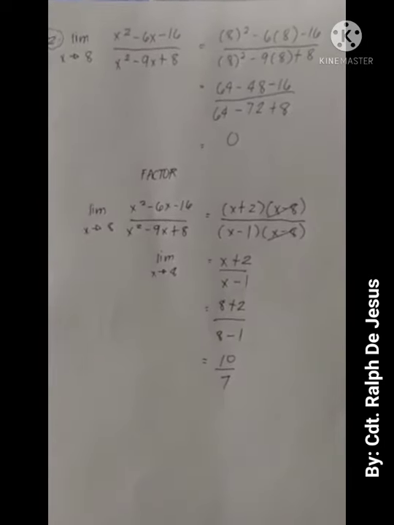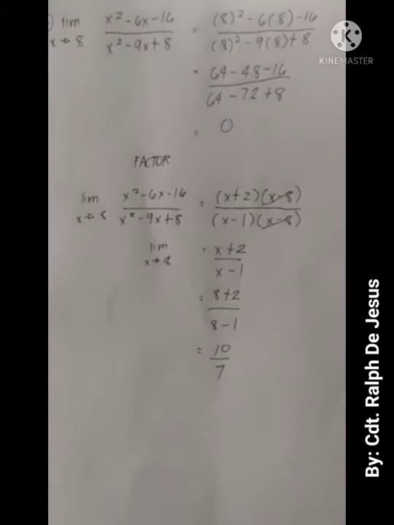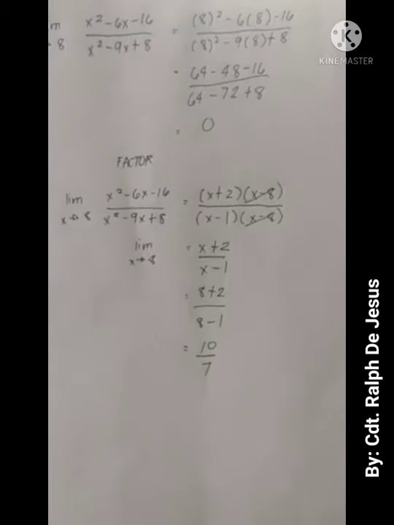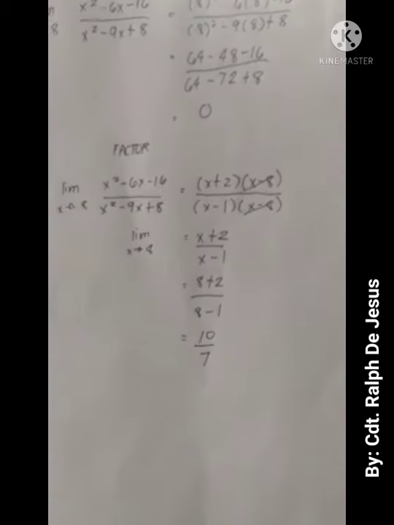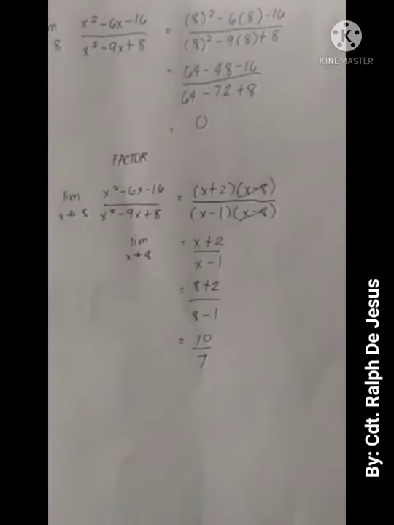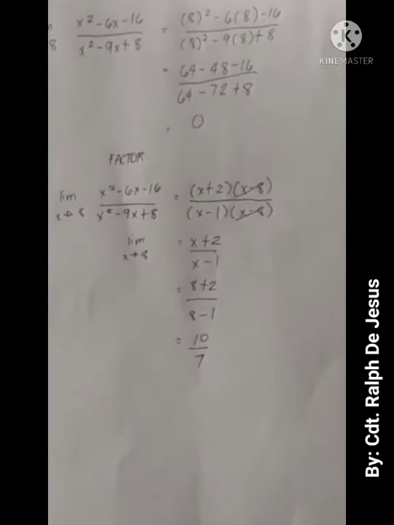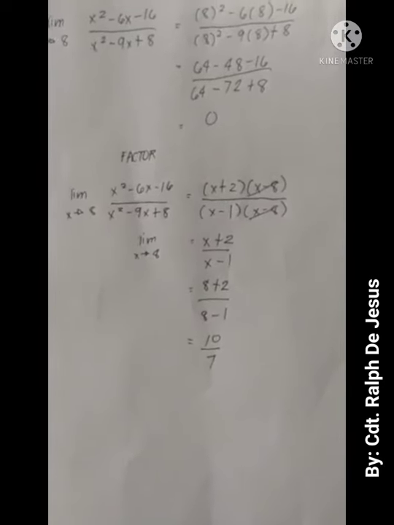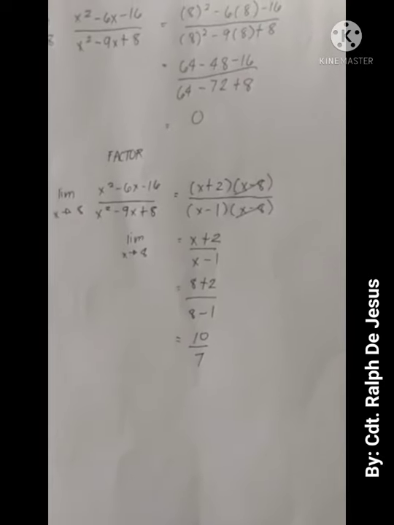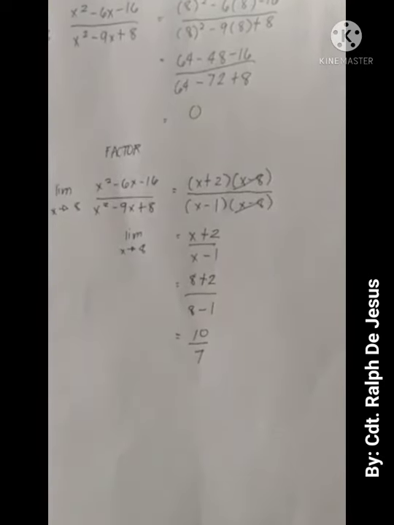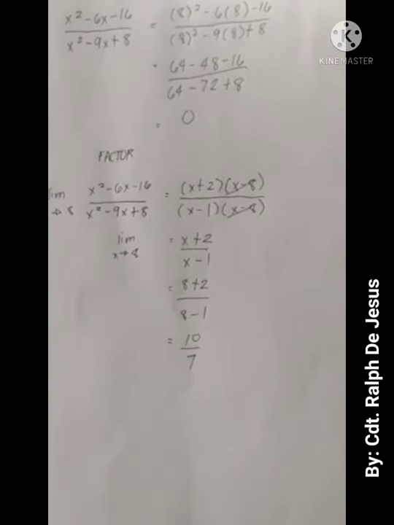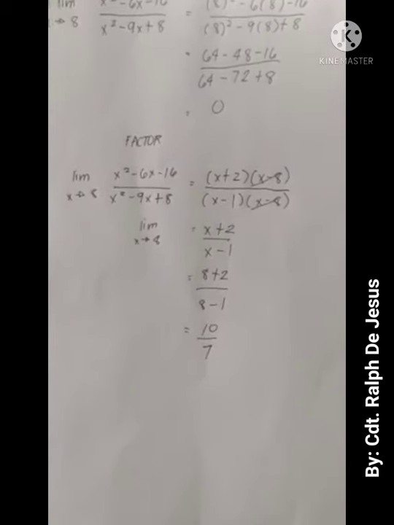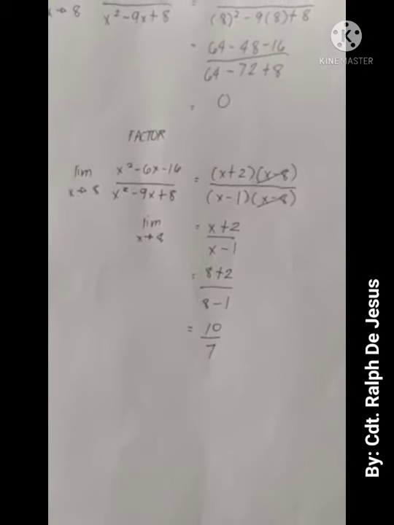If we directly substitute, it will be 8 squared minus 6 times 8 minus 16 over 8 squared minus 9 times 8 plus 8. 8 squared is 64, and 6 times 8 is negative 48, minus 16, over 64, and 9 times 8 is negative 72, plus 8. If we compute this, the result will be 0 over 0, so this is undefined. We are going to use factoring for this one.